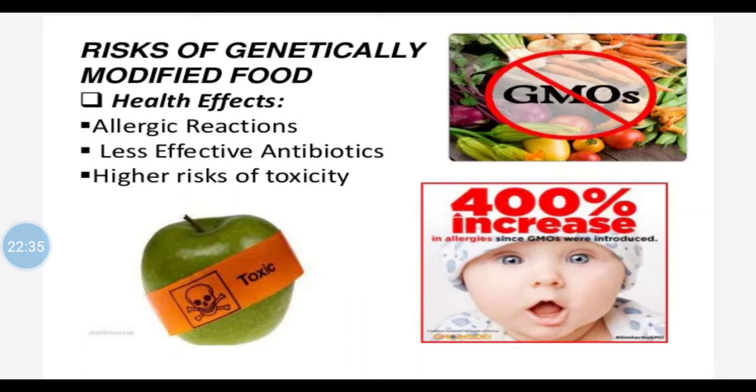Now till now we have discussed the benefits of GM foods, isn't it? Now we will see some of the disadvantages and risk factors which are involved with the genetically modified crops.